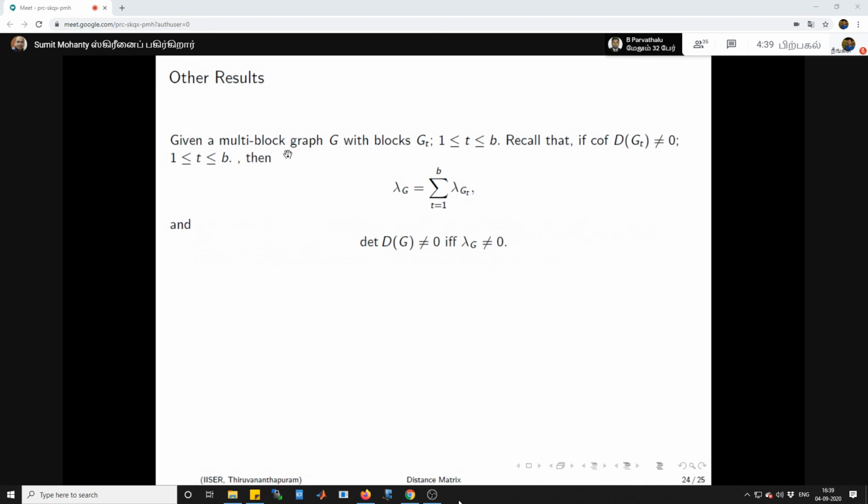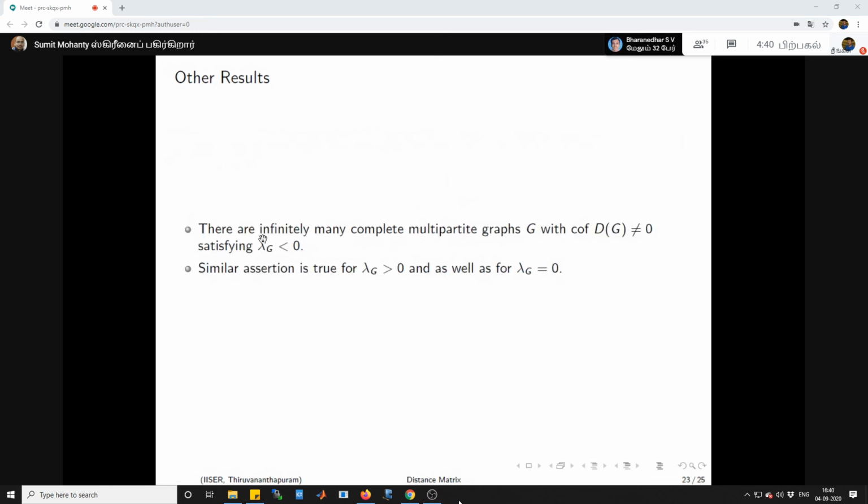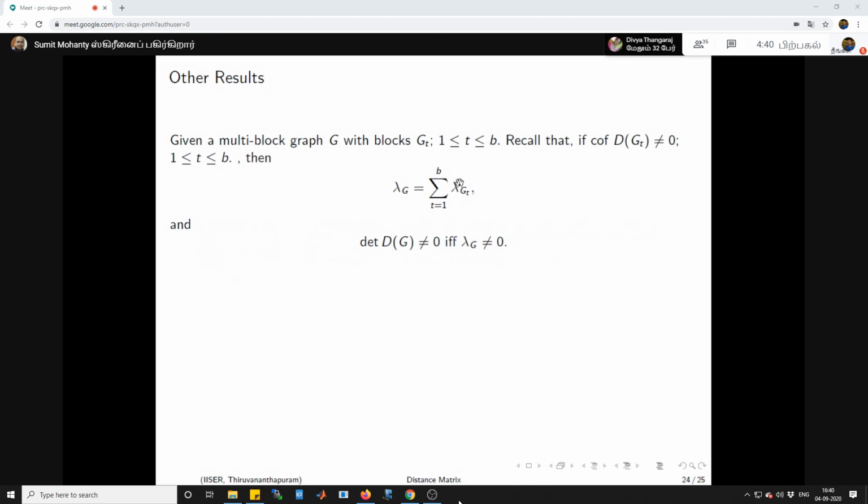In a multi-block graph, that means each of the blocks is a complete m-partite graph, we are choosing our lambda g to be the sum of the lambda gi of the individual blocks. We just observe something. This lambda g can be positive, can be negative, and can be 0. Something may be a positive entry, something may be a negative entry, even though individual lambda gi's may not be 0 at all.